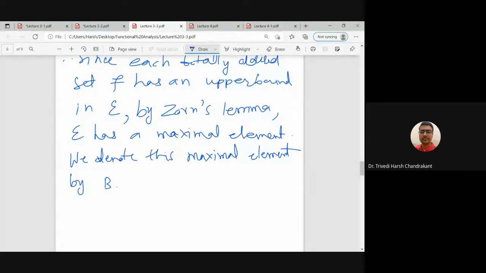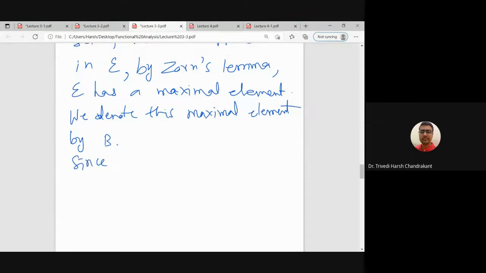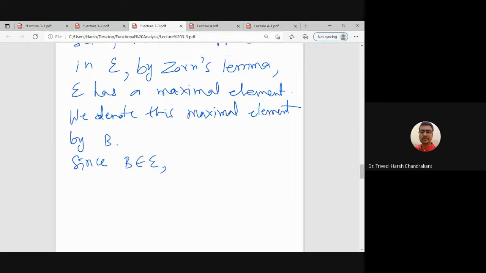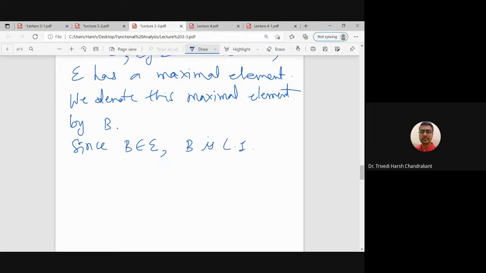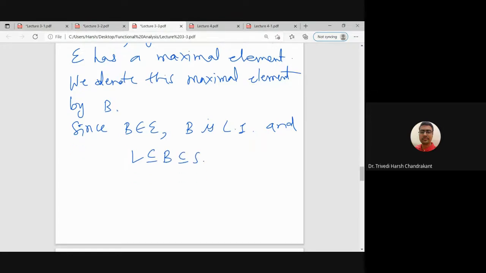So this element belongs to E, right? Because it is a maximal element of E. So since B belongs to E, what do we get? B is Li, by the definition of the family E, and B is in between L and S, right?